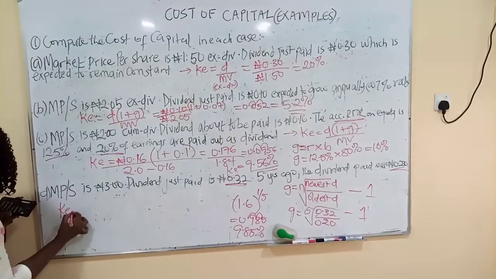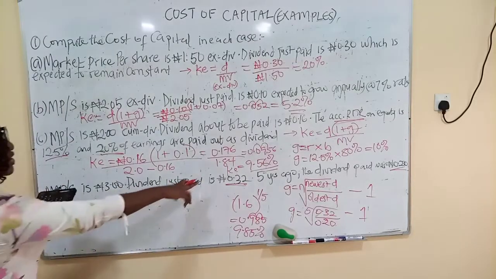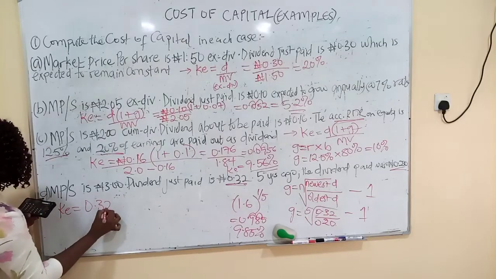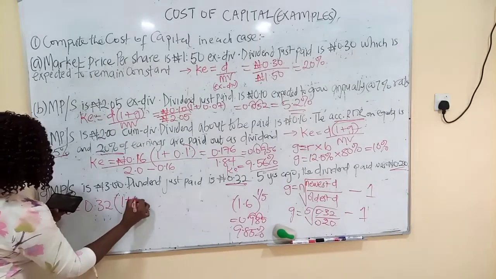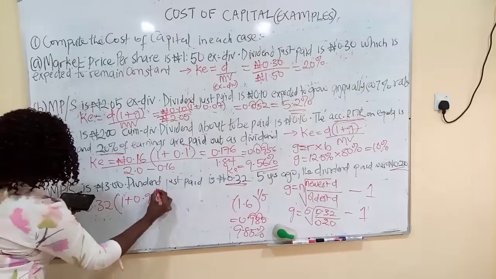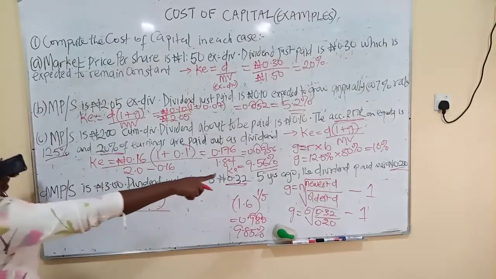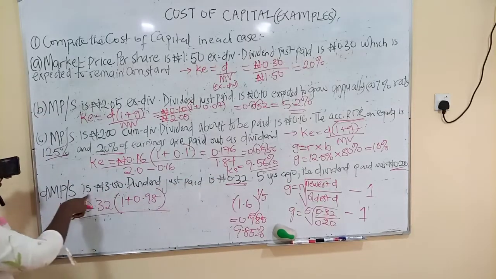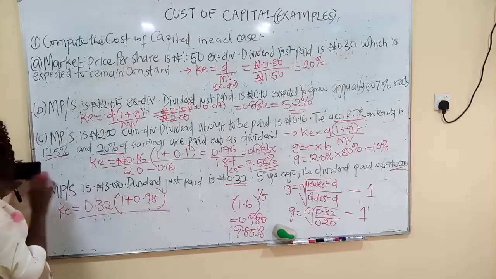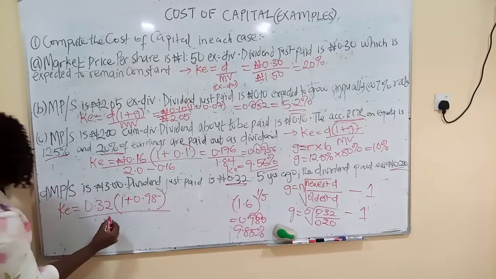Okay, cost of equity equals dividend. Dividend just paid 0.32 into 1 plus 0.0985, over market value per share. See, market value per share 3 naira.